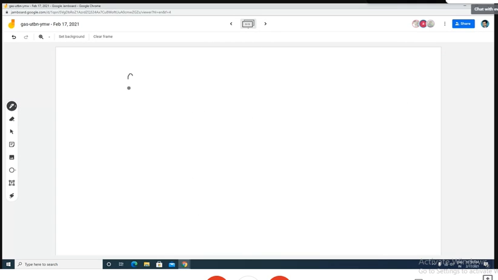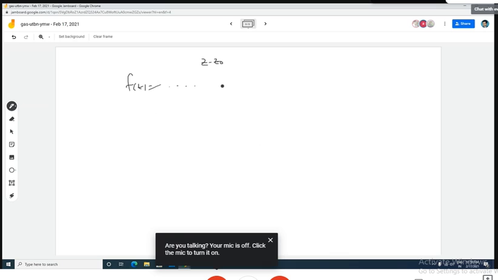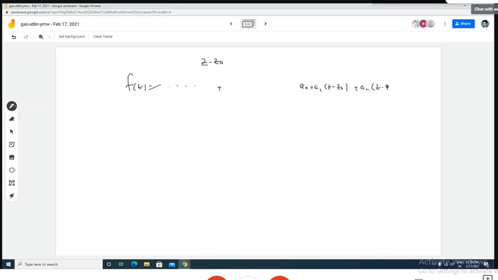Maybe suppose you expand in powers of z minus z0 and you have some positive part, maybe right here, a0 plus a1 (z minus z0) plus a2 (z minus z0) squared plus and so on. And suppose in the negative part you have only finitely many terms, a_-1 over (z minus z0), a_-2 over (z minus z0) squared, and say a_-m over (z minus z0) to the power m.